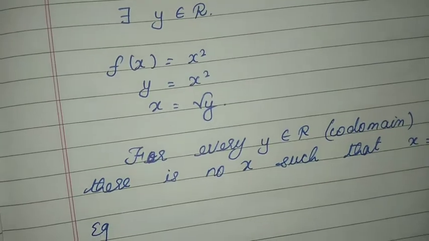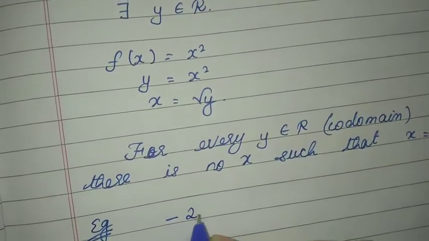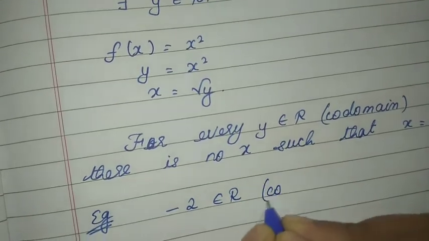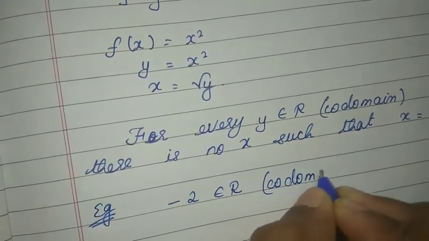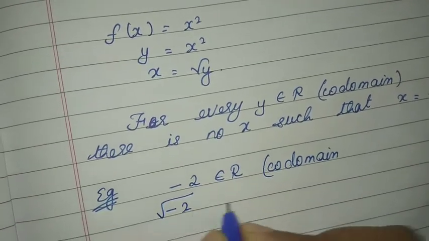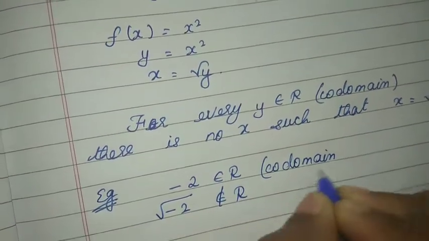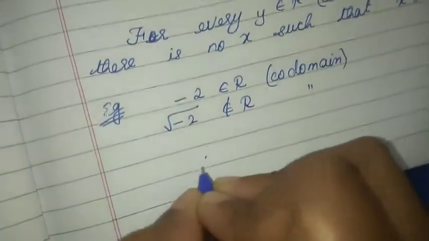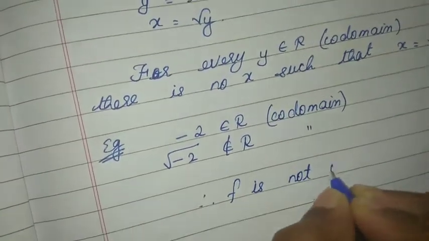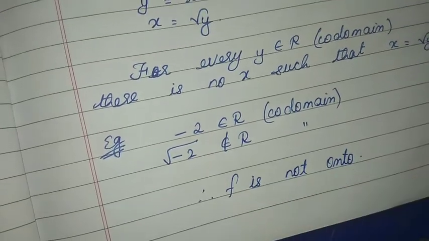Why? Because for example, minus 2 belongs to R in the codomain, but root of minus 2 does not belong to R in the codomain. Therefore, f is not onto. Okay.